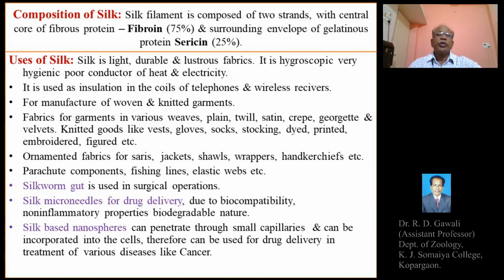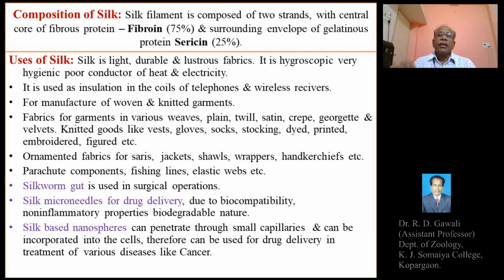Then we will explain uses of the silk. The silk is light, durable and lustrous fabrics. It is hygroscopic, very hygienic, and a poor conductor of heat and electricity. So these are some of the important features or properties of the raw silk obtained from the mulberry silk moth.